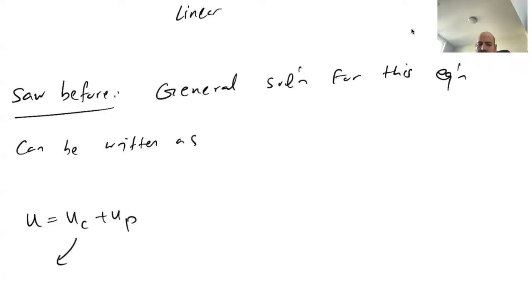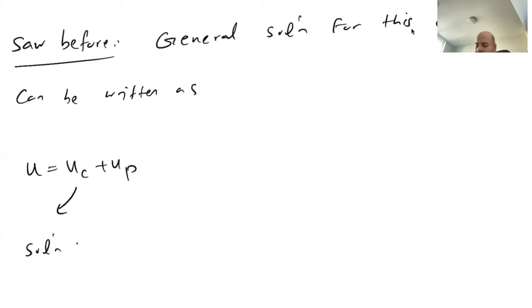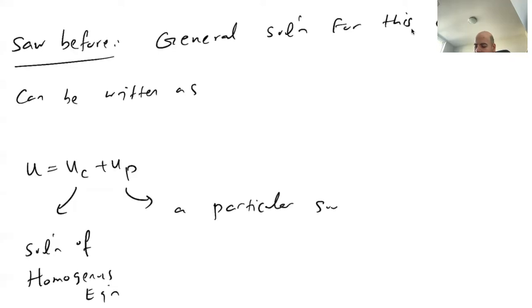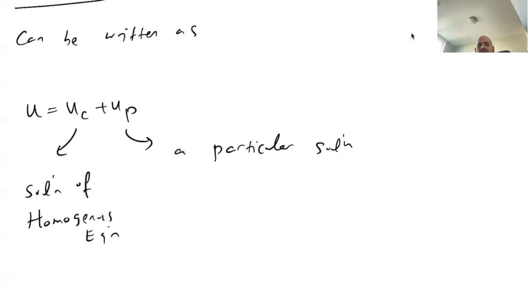So this is the solution of the homogeneous equation, and this one is a particular solution. Now we need to find UC and UP. Well, finding UC is very easy. We just need to replace the right-hand side with 0, and then we will have the homogeneous equation, and then we can find the characteristic equation and solve it that way.